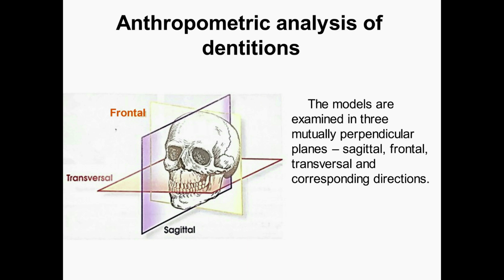To this end, a great number of diagnostic techniques, including anthropometric analysis of the study models, have been developed. The models are examined in three mutually perpendicular planes: sagittal, frontal, transversal, and corresponding directions.